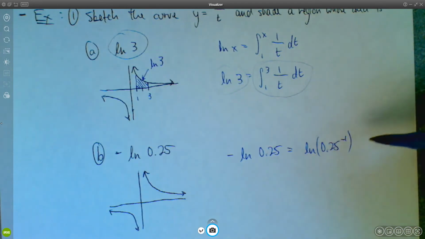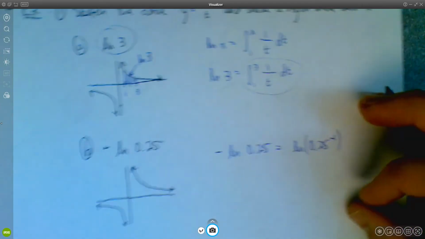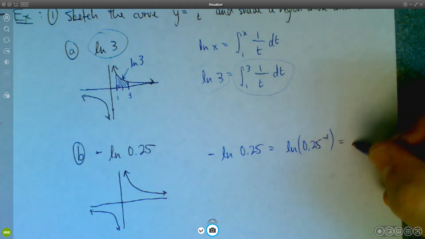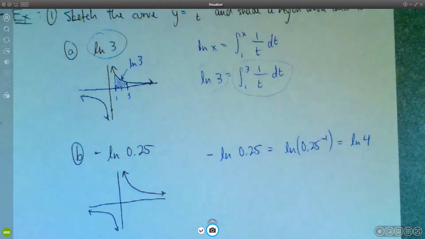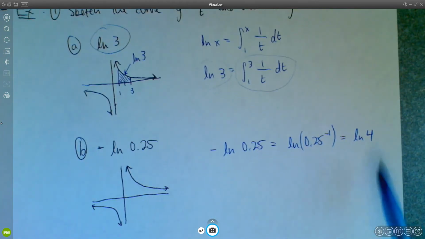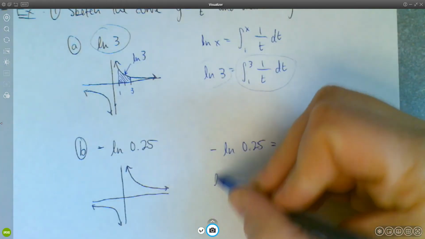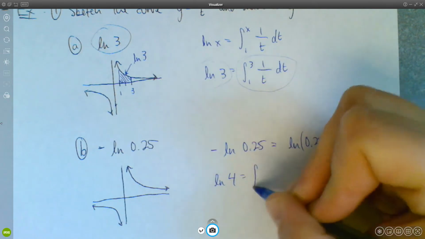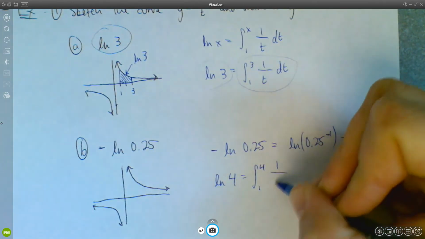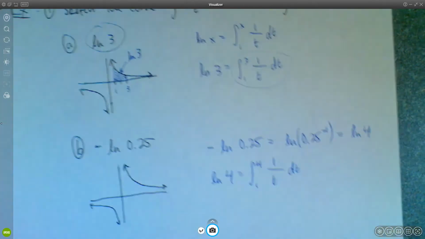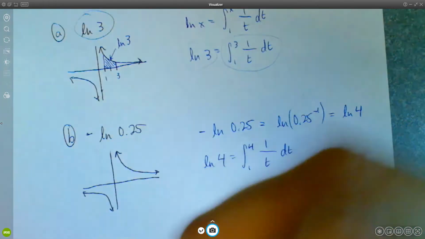By the way, 0.25 is 1/4, and 1/4 to the negative 1 would just be 4. So this is just ln of 4. So really I'm just looking for ln of 4. Well, ln of 4 is the integral from 1 to 4 of 1 over t dt. So there you go.